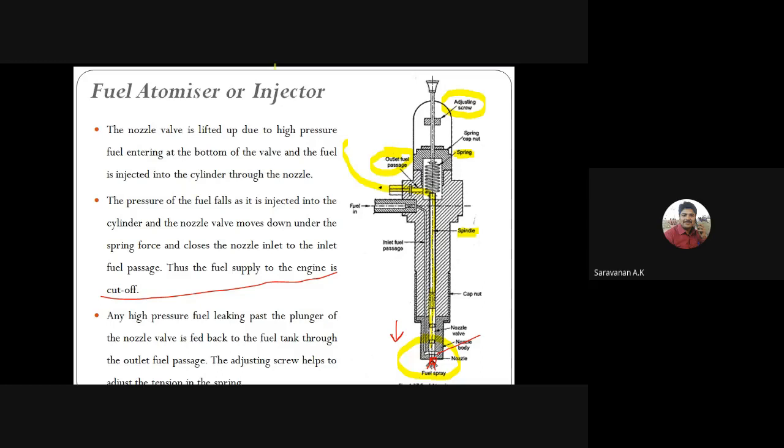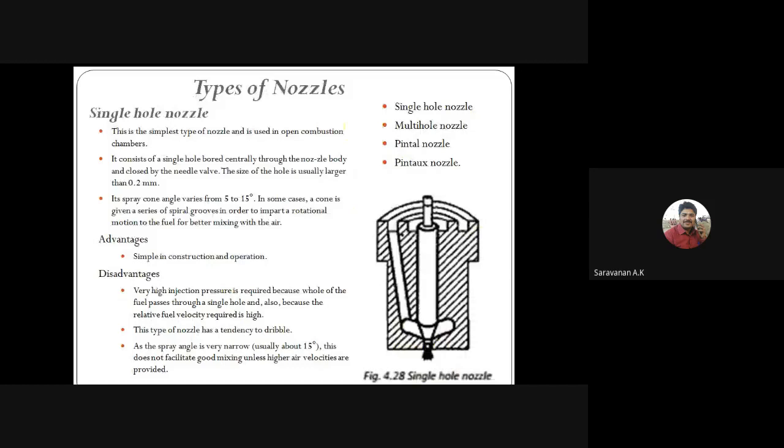The fuel atomizer or injector can be classified into different types by the nozzle type. The outlet passage is called the nozzle.